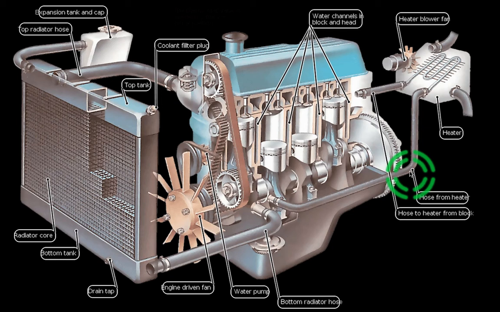The water temperature sensor is there. Then it comes back here as 80 degrees, and then it comes back again here. It's all cooled down. It comes back again to 40 degrees, let's say. I'm just saying that hypothetically.